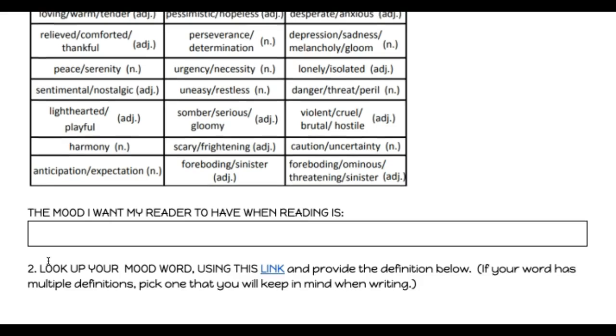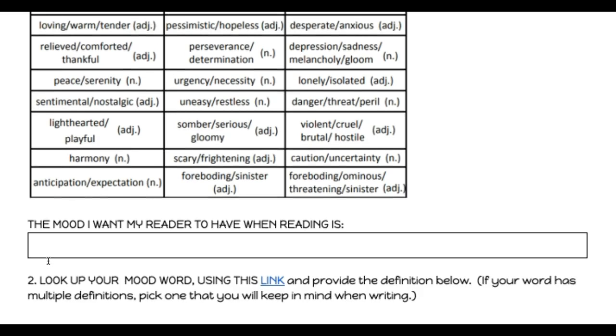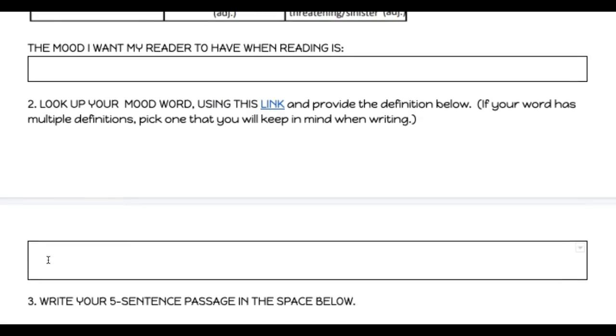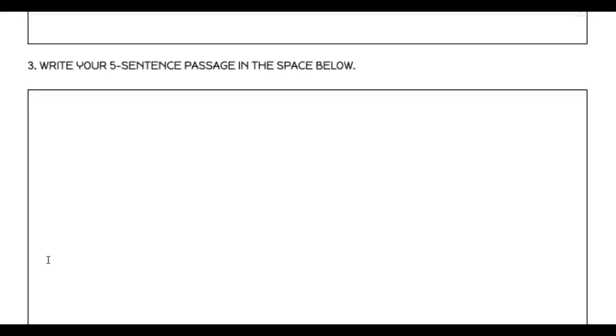So, for example, somber and sinister, you might think, okay, they're both negative mood words. They seem similar. However, they take on very different meanings. Somber is more sad and serious, whereas sinister gives us the feeling that something is lurking or something bad's about to happen or something evil is there waiting to harm us in some sort of way. So make sure you're looking up those words.